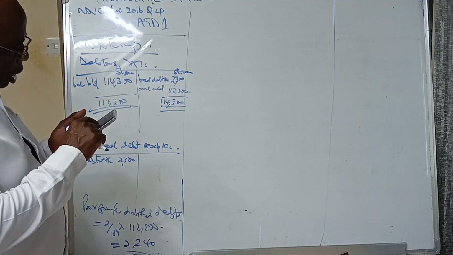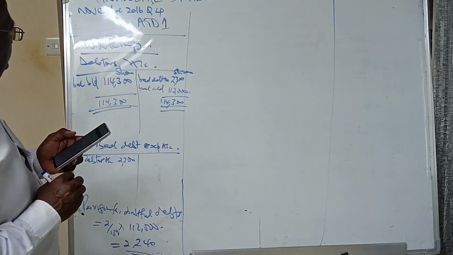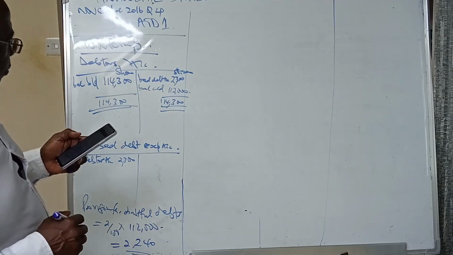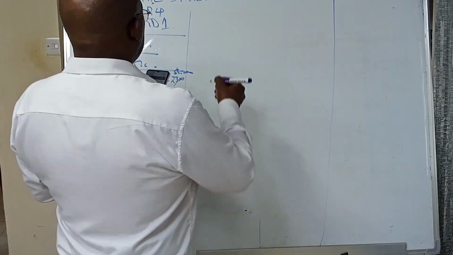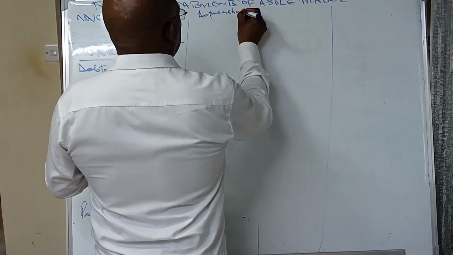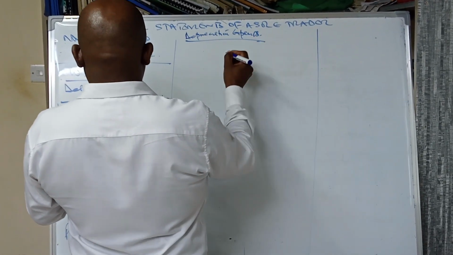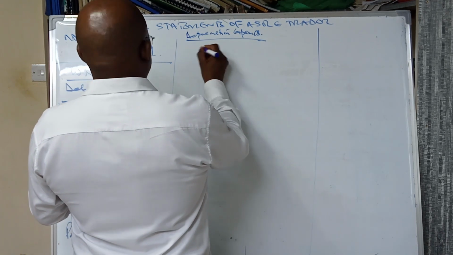Then we are told the depreciation rates are given. So we're saying depreciation expenses, and we have motor vehicle, equipment, and furniture and fittings.